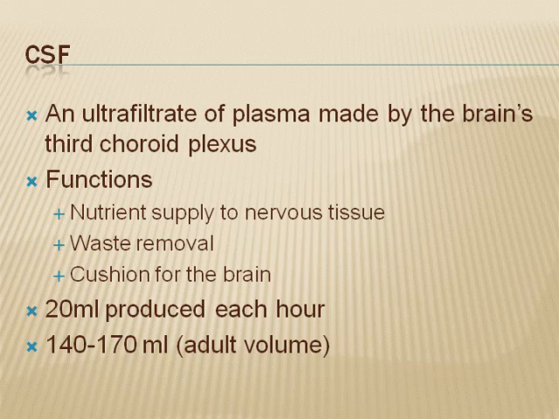It supplies nutrients to nervous tissue, it acts as a system to remove waste, and it acts as a nice buffering system or a cushion for the brain. 20 milliliters are produced every hour in adults, and the normal range for volume in an adult is 150 to 170 milliliters.